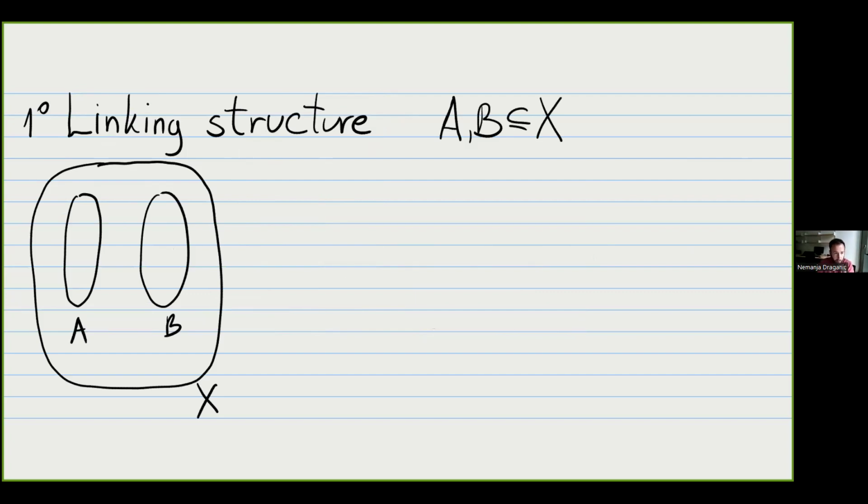Let me briefly talk about the linking structure. We always work in an expander graph, and I'll just define what the linking structure is. I'll not show you how to construct it. A linking structure is a subgraph of the expander which lives on some set X, and X has subsets A and B, which are of polynomial size, let's say n to the 0.9. Let's denote the elements of A by A1, A2, up to A_{n^0.9}.